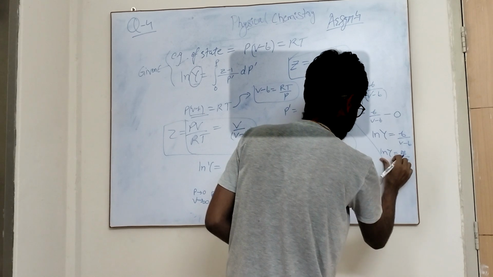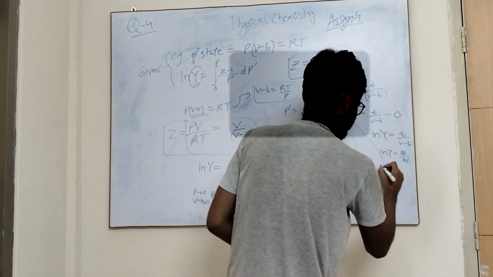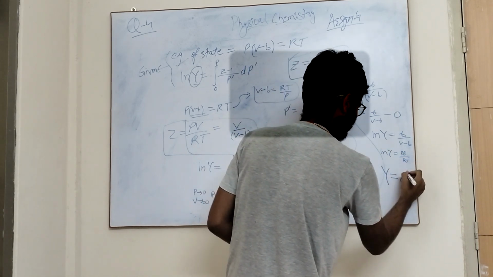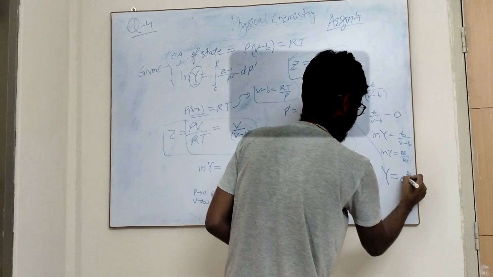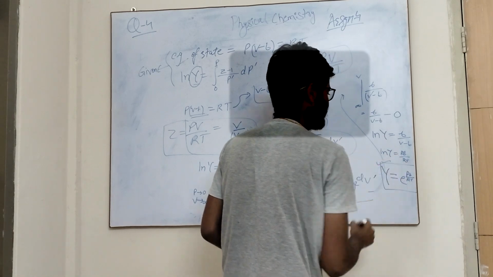So gamma, finally, you take power of e both sides, is e to the power PB by RT, and that, my friends, is the answer.